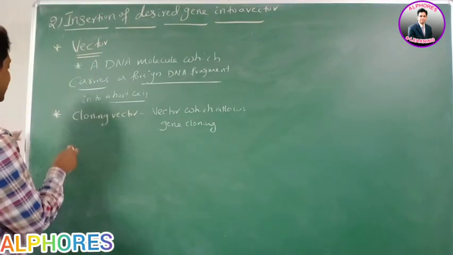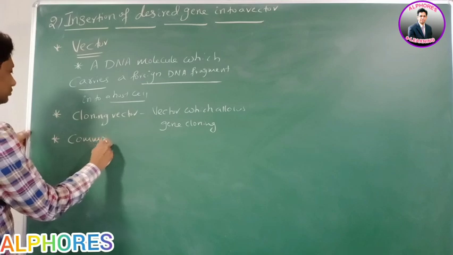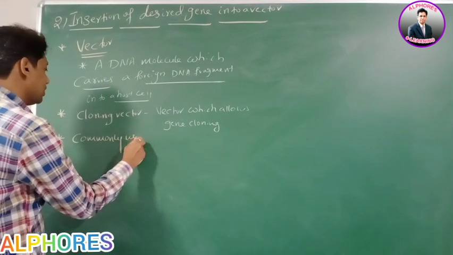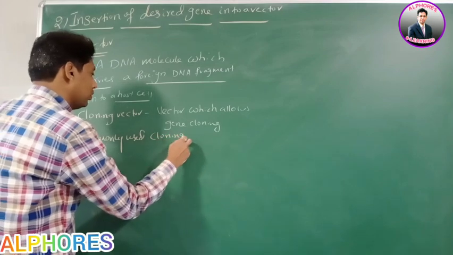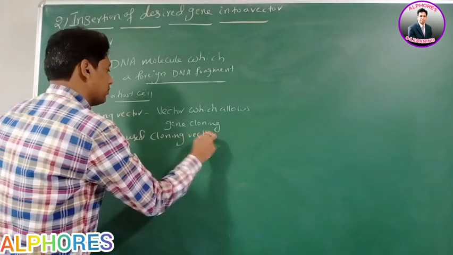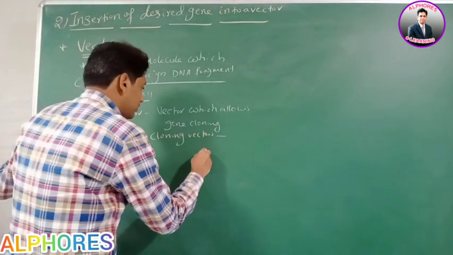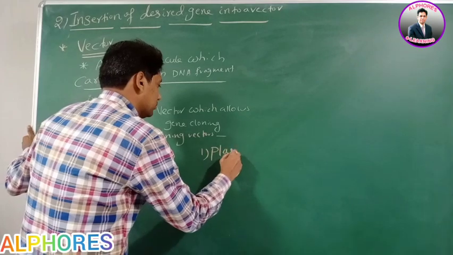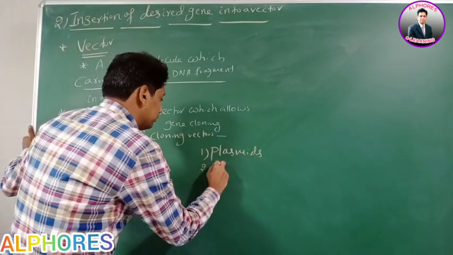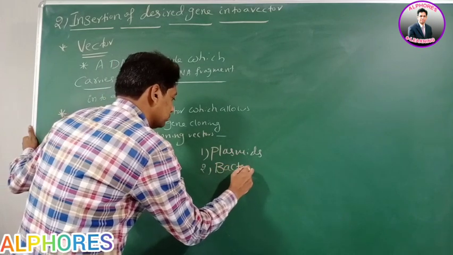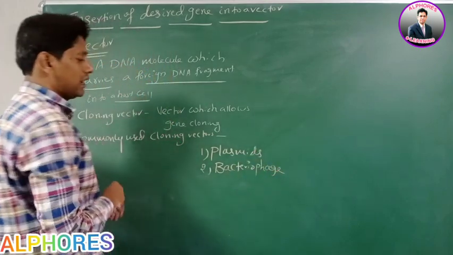Right. Commonly used cloning vectors. Sir, which vectors are commonly used? Number one, plasmids. Number two, bacteriophage.